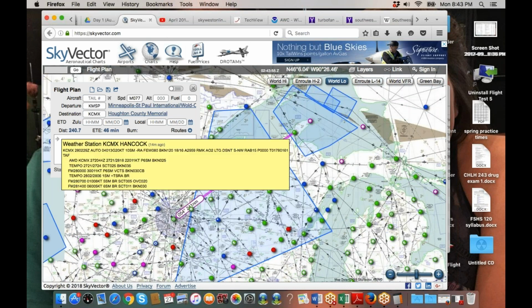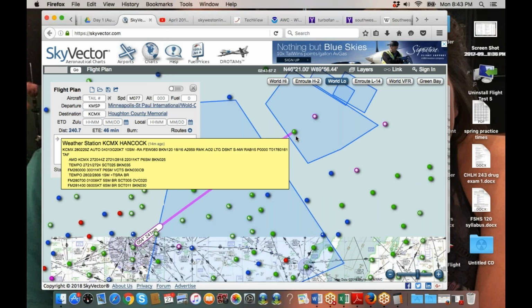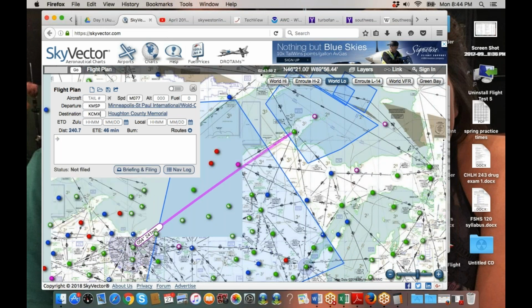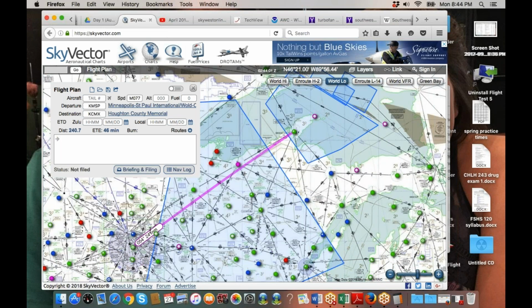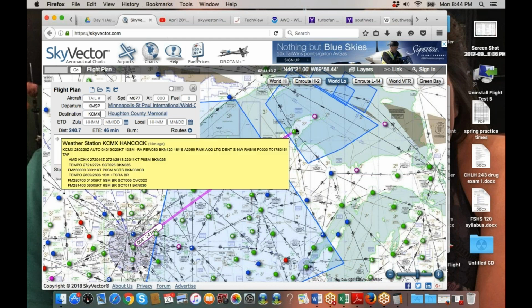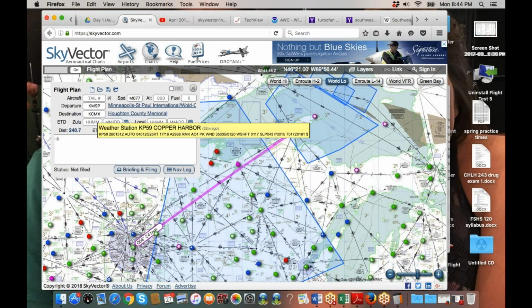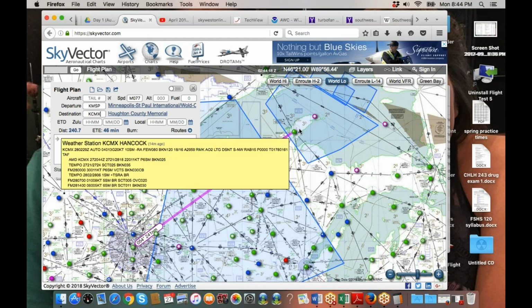Houghton Hancock, CMX. We do this flight during the winter, and we'll do this flight all year long. But it's way up here in, is this the mitten part of Michigan?